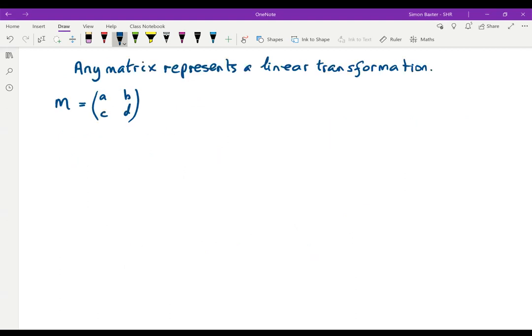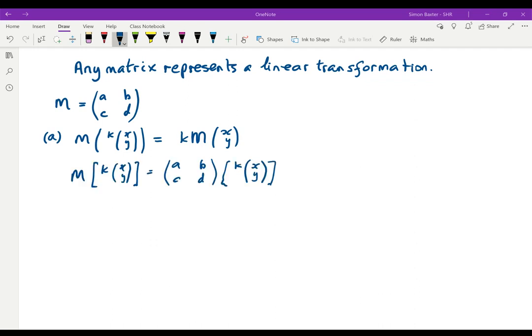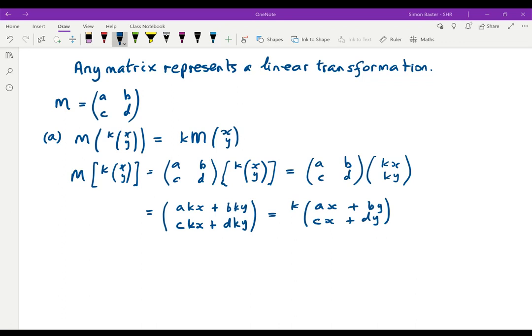We now show that any matrix represents a linear transformation. Let's take the matrix M, (a, b, c, d). We first need to show that the matrix M times k times the vector (x, y) is k times M of (x, y). And so the first condition for a linear transformation is satisfied.